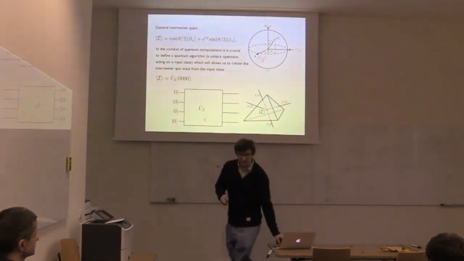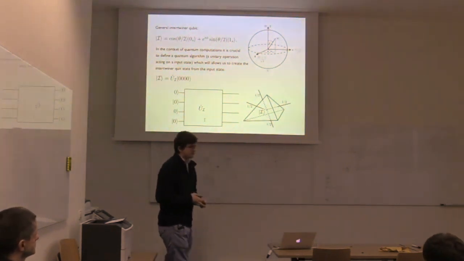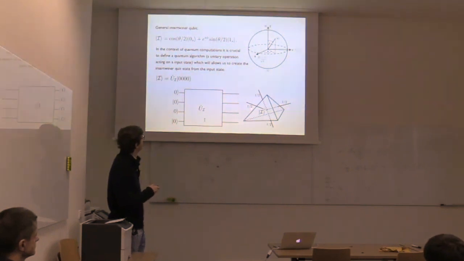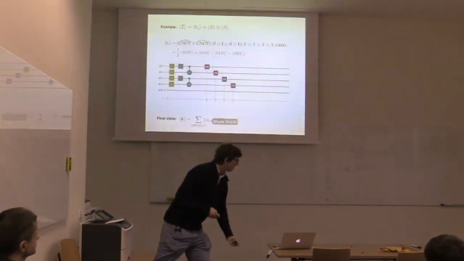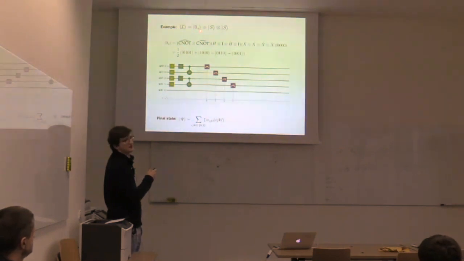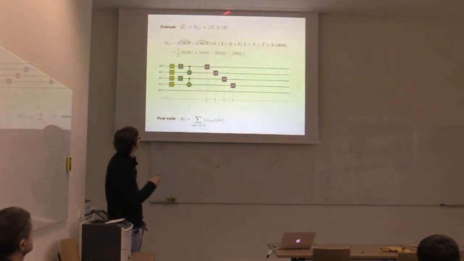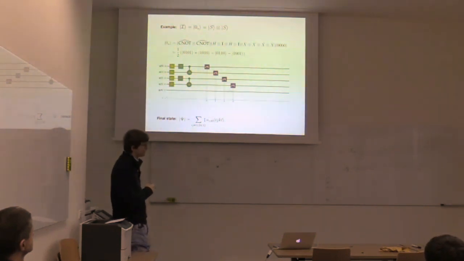I have a general construction for this, but for simplicity and limited time, I'm going to show you how to generate this intertwiner qubit for the simple case of the product of 2 singlets, namely for one of the basis states, the 0s basis state, because this is something simple.